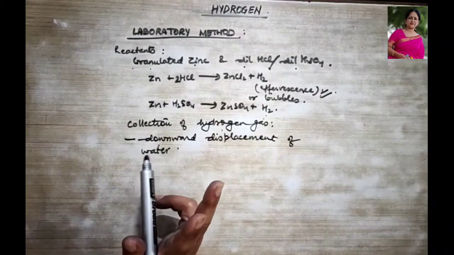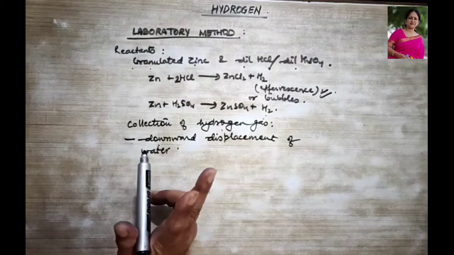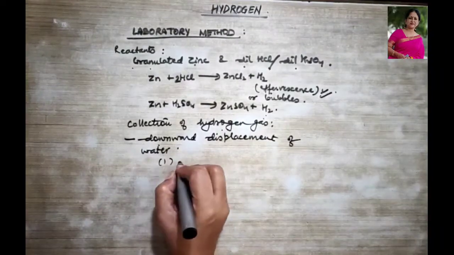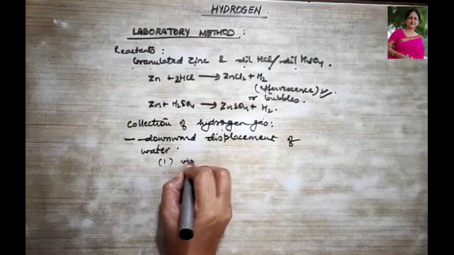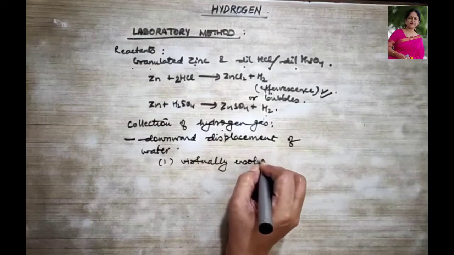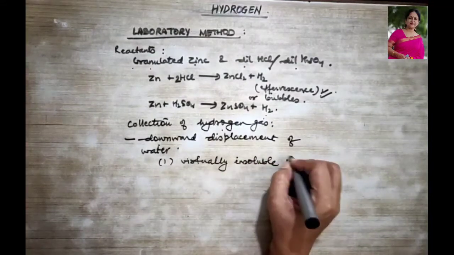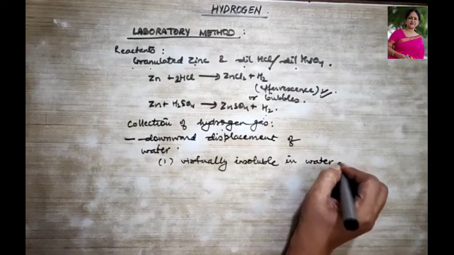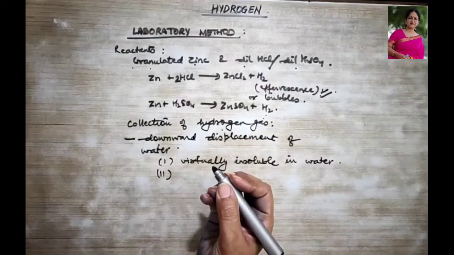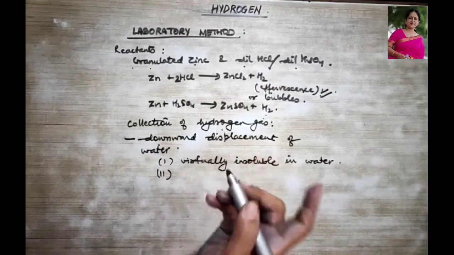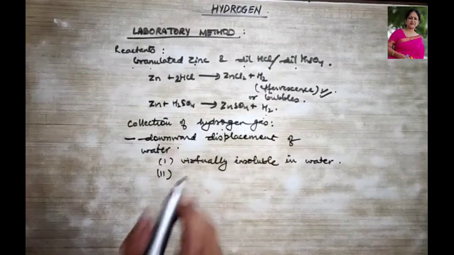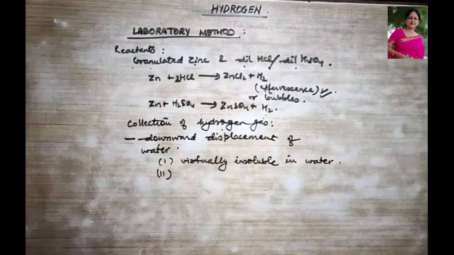There are two reasons. Firstly, it is insoluble in water, right? So, one reason could be it is virtually insoluble in water, right? And second point could be that it forms an explosive mixture with the air, and therefore it cannot be collected by the downward displacement of air, even though it is lighter than the air.